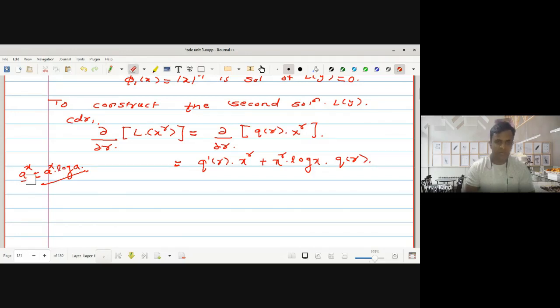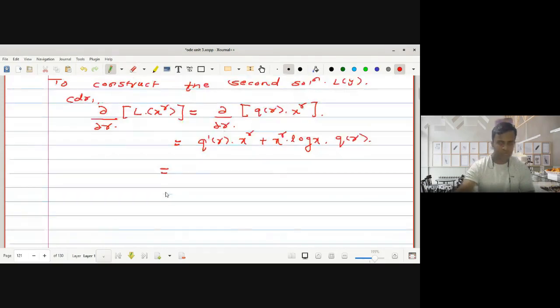Now this is the derivative dou by dou r of L of x raised to r.